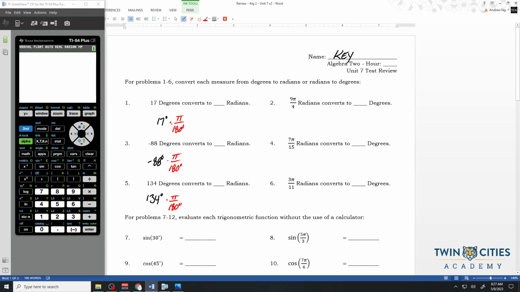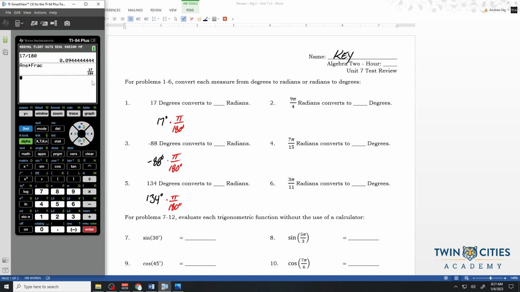So in the calculator, I'm going to go 17 over 180, ignoring the pi for now. I'll get some decimal here. And then what you want to do is hit Math, enter for fraction, and then enter again. And this is going to give you 17 over 180.